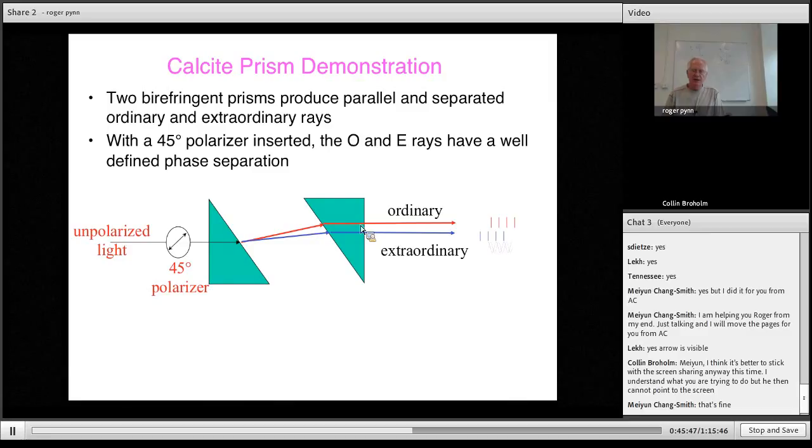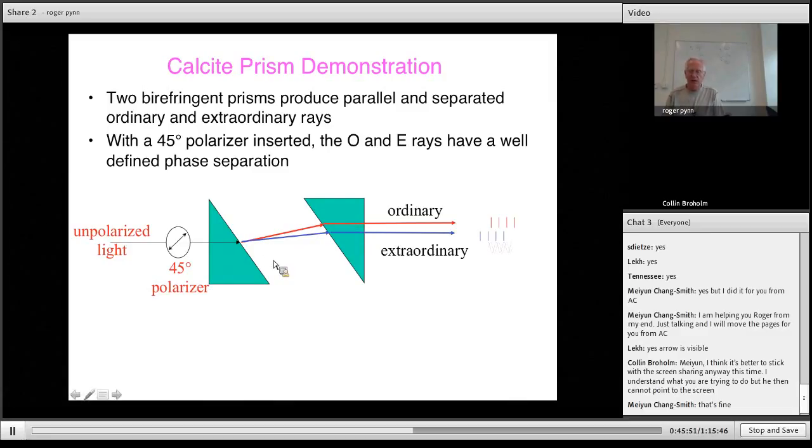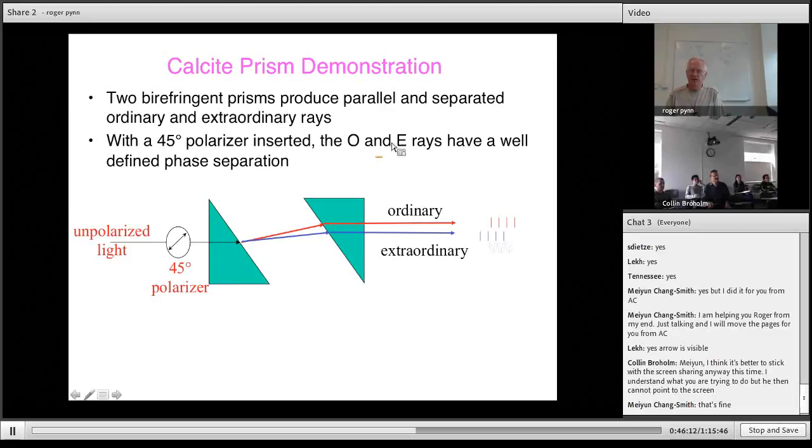It has different refractive indices for light that is polarized parallel to its hexagonal axis and perpendicular to it. And those two rays, one of which is polarized parallel to the so-called optic axis, is called the ordinary ray, and the other ray, which is polarized perpendicular, is called the extraordinary ray. And so these two rays with different polarizations have different velocities in a calcite material.